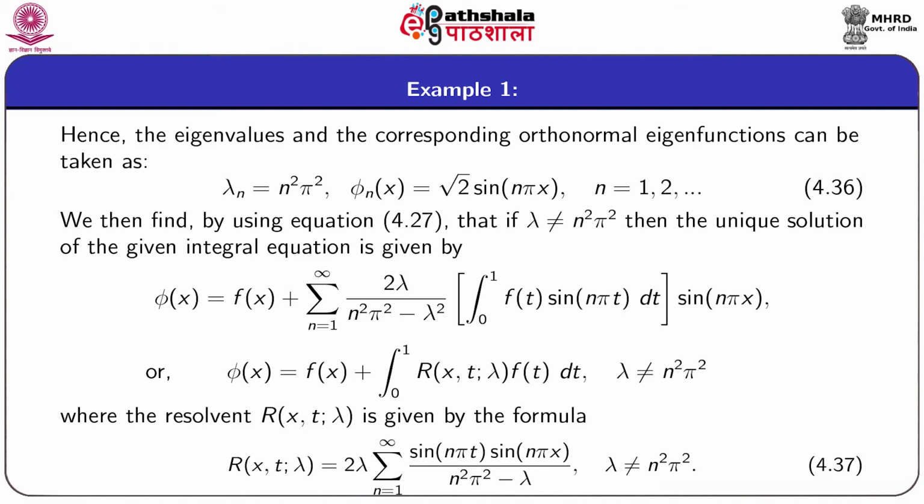Here the resolvent kernel R(x,t;λ) is given by the formula R(x,t;λ) equal to 2λ summation n equal to 1 to infinity sin(nπt) sin(nπx) divided by (n²π² minus λ), for λ not equal to n²π². So we get the unique solution of the given integral equation when λ is not equal to n²π².